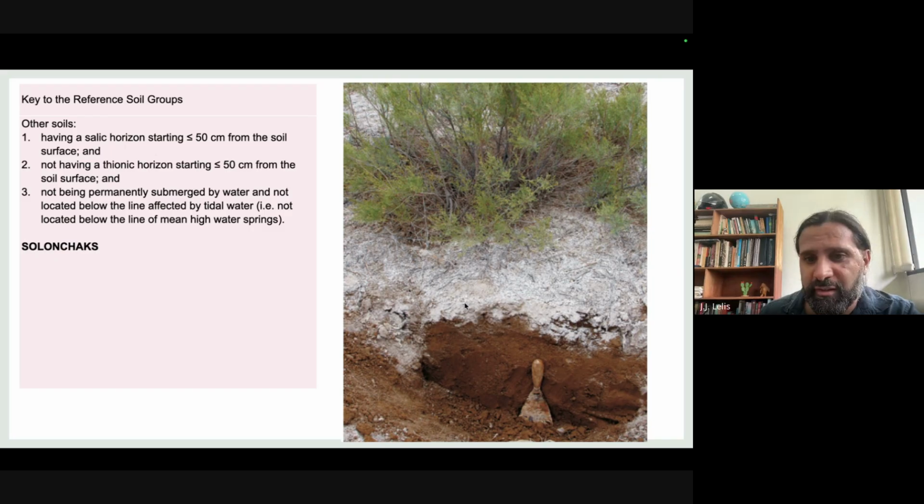You can see this whitish color because of the expression of salts. Okay, so you need to find salts in the first 50 centimeters below the surface and not having a thionic horizon in the first 50 centimeters. I cannot remember what a thionic horizon is. The thionic horizon is that horizon that expresses concentration of sulfates or sulfides.